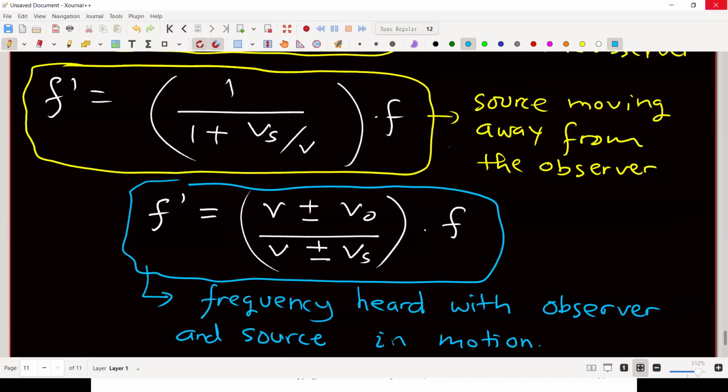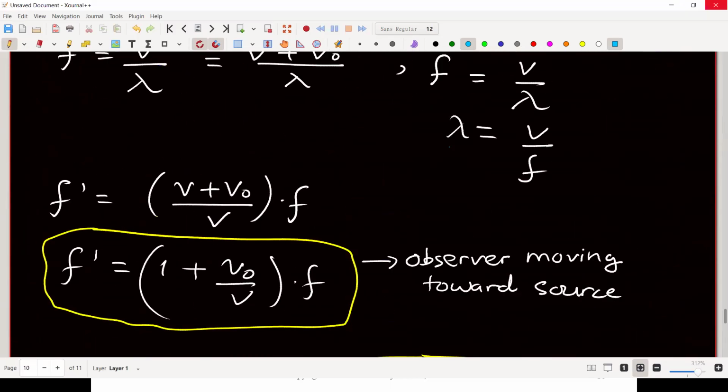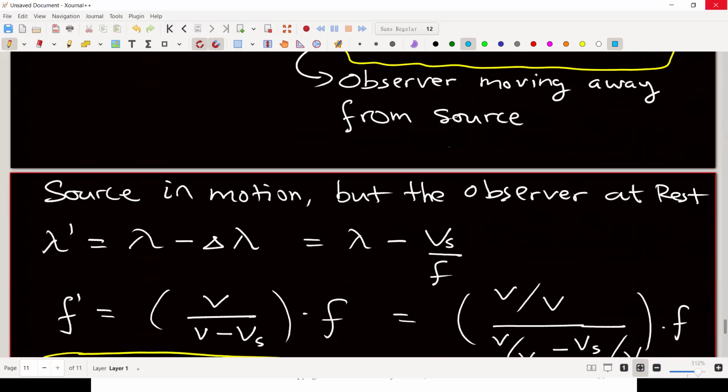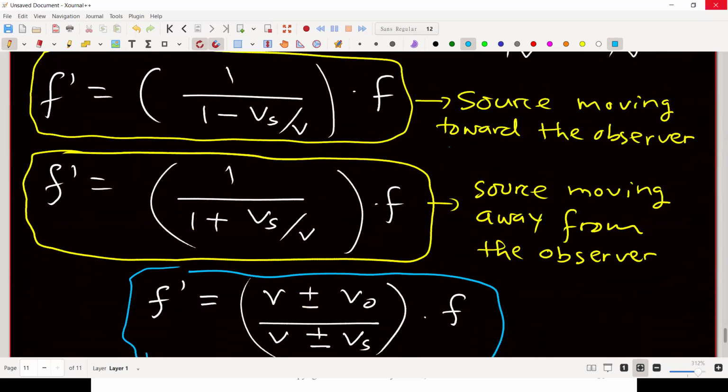This one is the Doppler effect. Any questions about the Doppler effect?